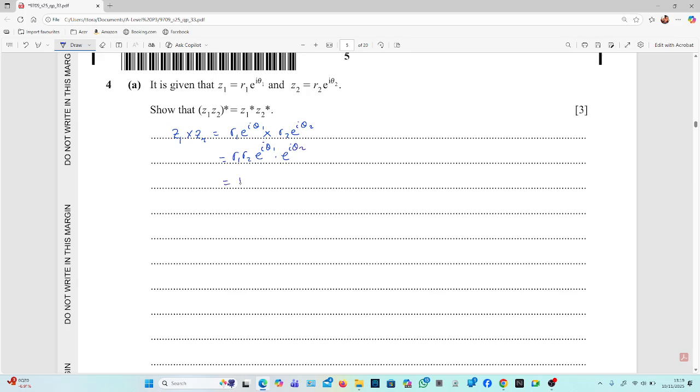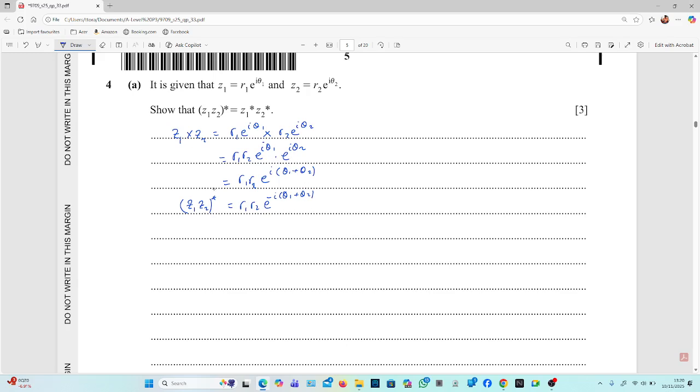So we can apply the law of indices over here and we get e to the I, which is common, and inside I'm going to get theta 1 plus theta 2. And if I take the conjugate of Z1 times Z2, that is going to be R1 R2 times e to the minus I times theta 1 plus theta 2.